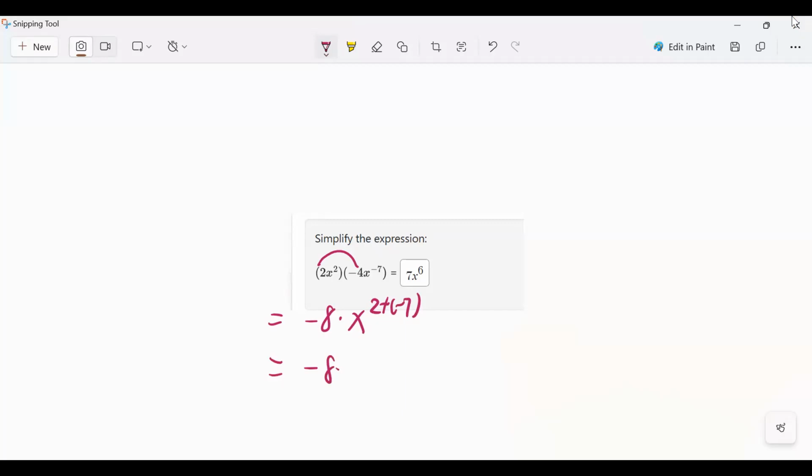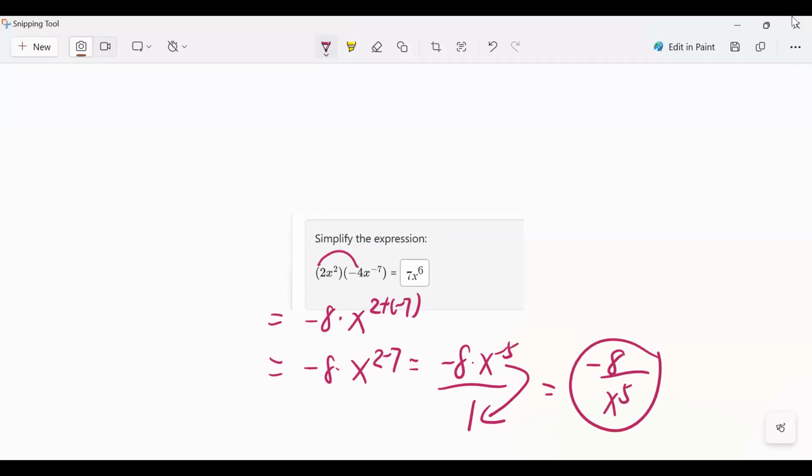Then this is -8 times x to the 2 minus 7. That's -8 times x to the -5. But it's not allowed, right? It's going to make a fraction and then flip to the bottom. It's -8 over x to the fifth. Oh, okay. I see where I went wrong. Okay, thank you. No problem.